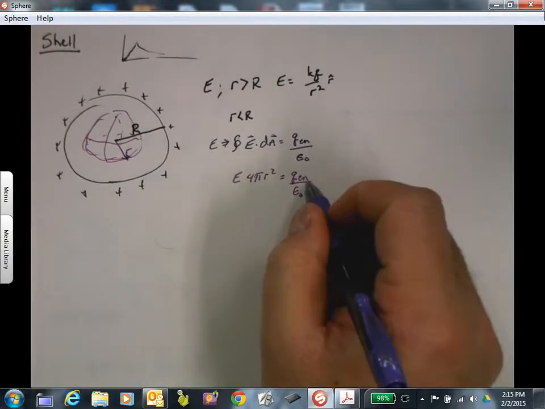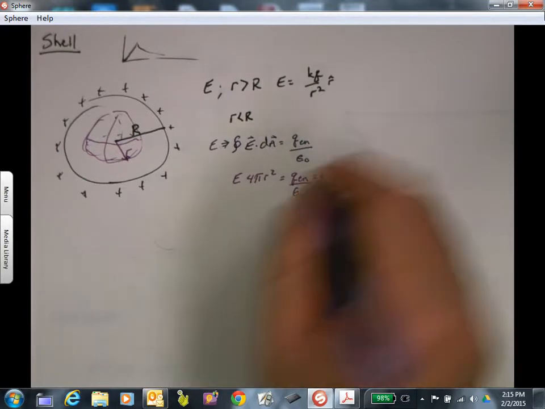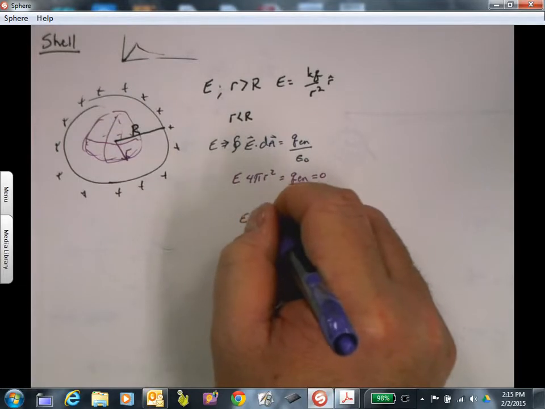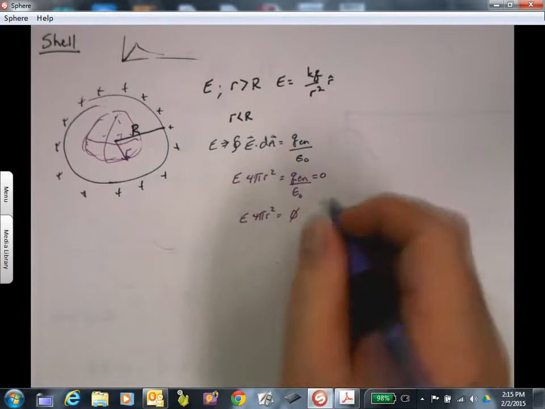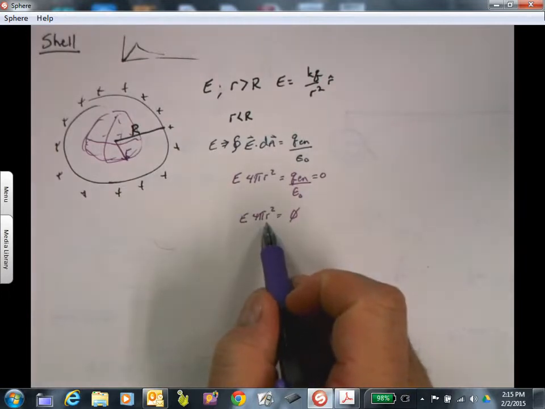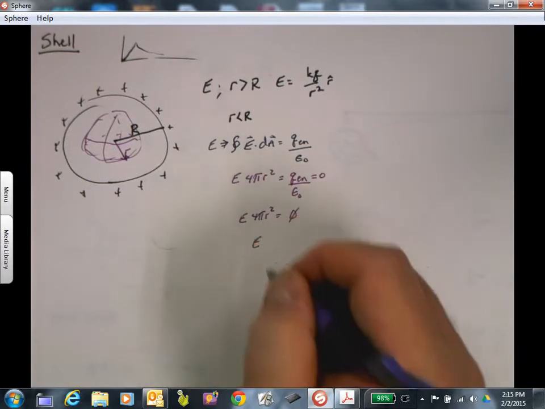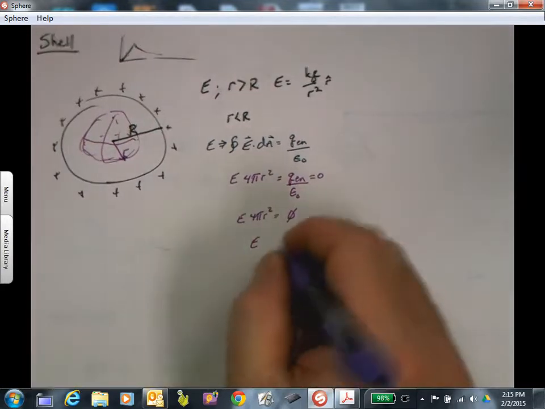Q enclosed equals 0. Then E times 4 pi r squared equals 0. We know the radius doesn't equal 0, so it's got to be the field. The field inside a shell of charge equals 0.